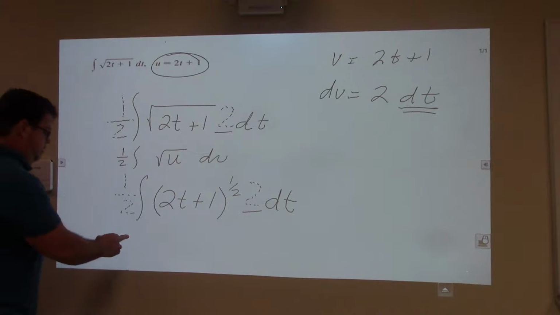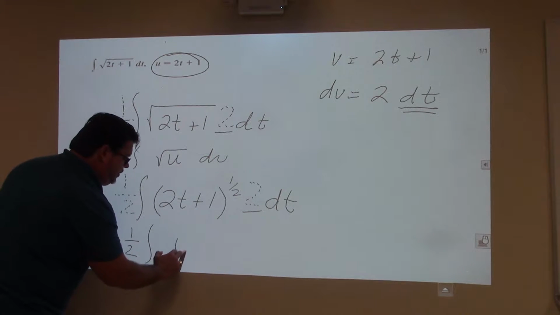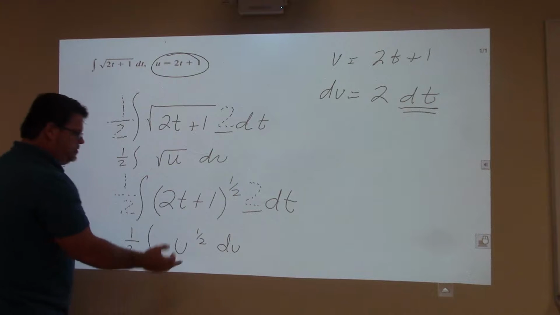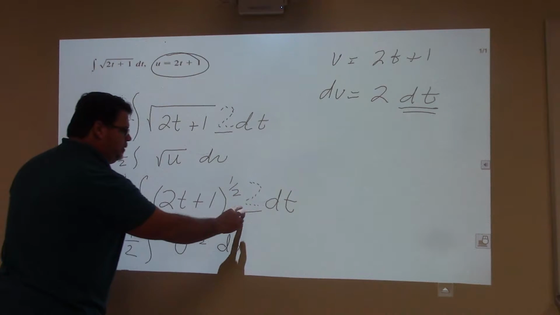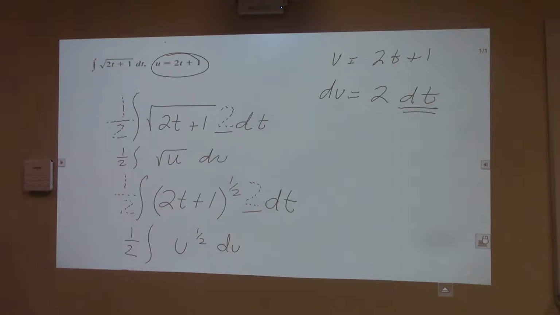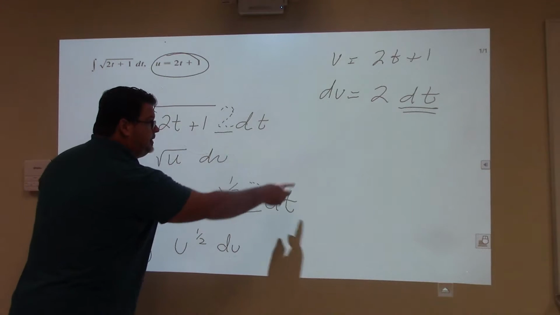And this right here would be 1/2 antiderivative of u to the 1/2 power du. Because you've got u, and then you've got what? du. Once you have u and du, then you can just do the power with it. Where's the 2 going? It's in this du. 2dt is du.